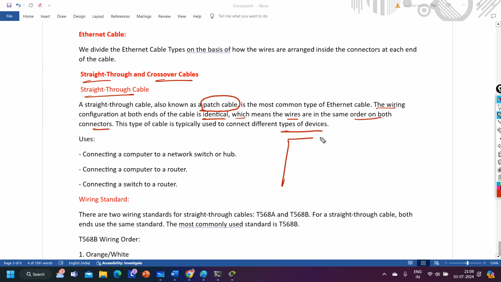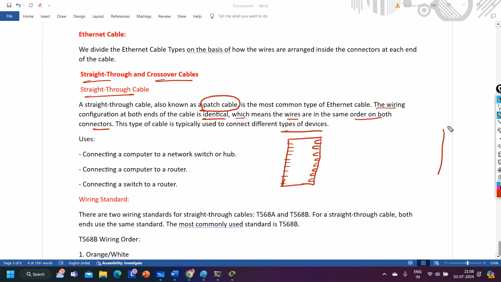Okay, so let's say this is an RJ45 connector, guys, and I have 8 pins over here: pin 1, pin 2, pin 3, pin 4, pin 5, pin 6, pin 7, pin 8.